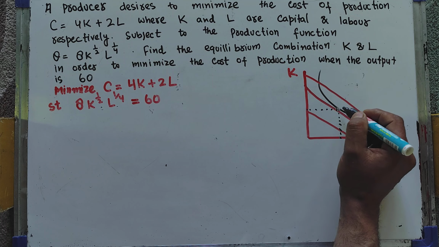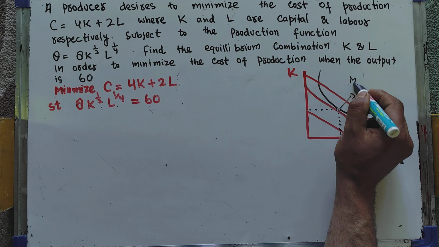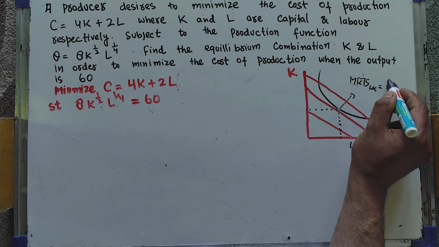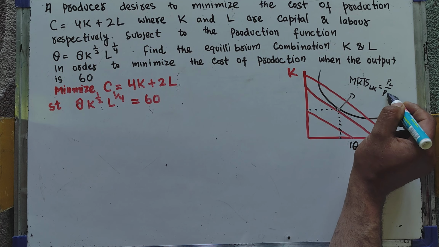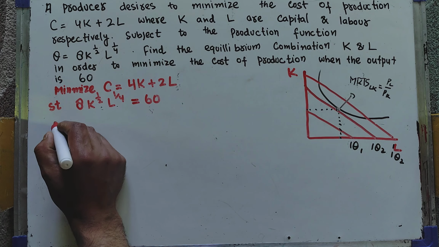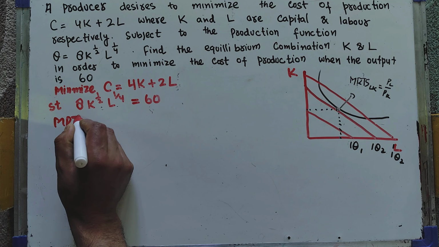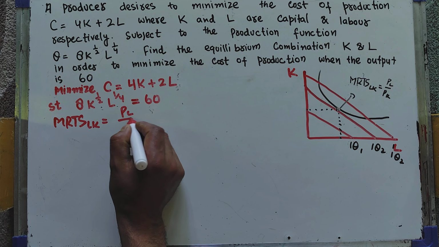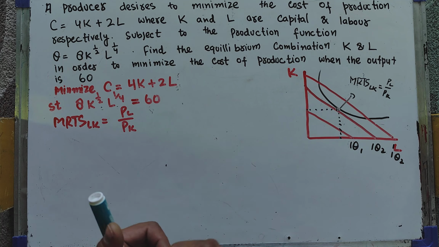This point satisfies a condition where the marginal rate of technical substitution between labor and capital is equal to the input prices, that is price of labor upon price of capital. Using the tangency condition, our equilibrium will be at a point where MRTS between labor and capital is equal to the ratio of the prices, PL upon PK.